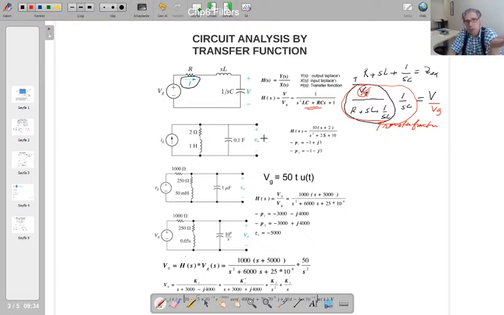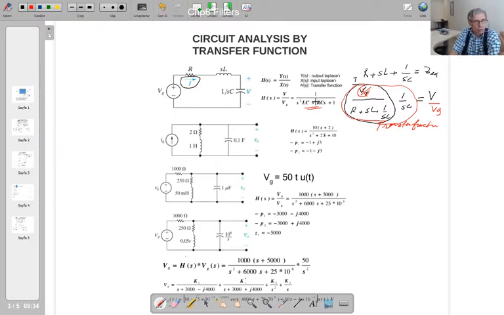So what we are saying is this: any independent source connected to here, the Laplace transform of this function is going to be multiplied with this transfer function. When you multiply it with this transfer function, you're going to get the output function.